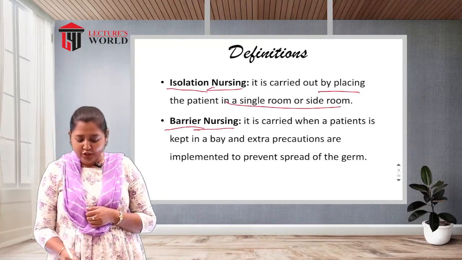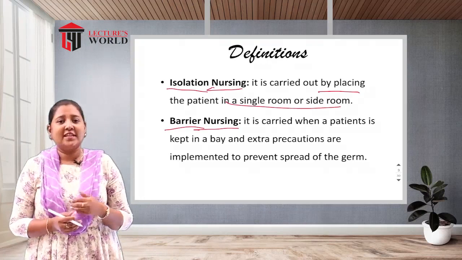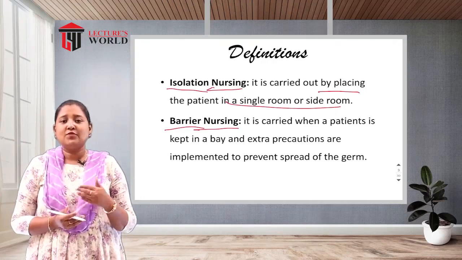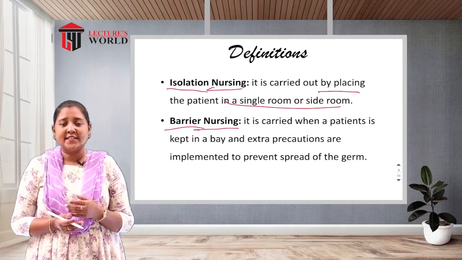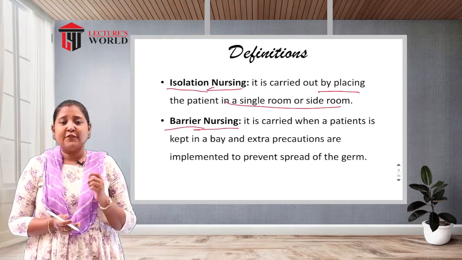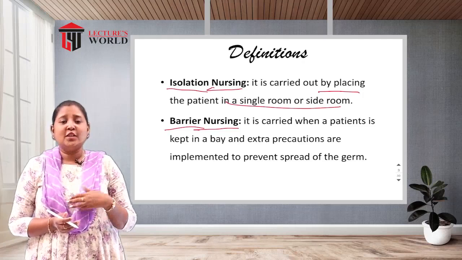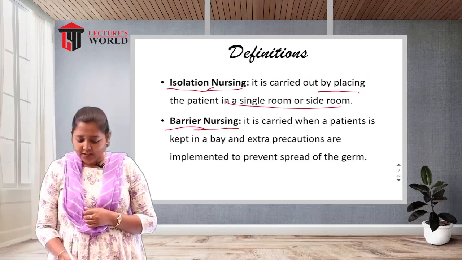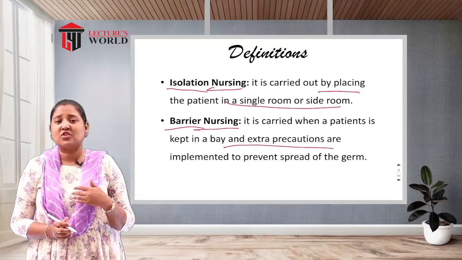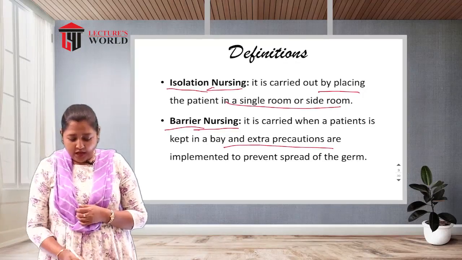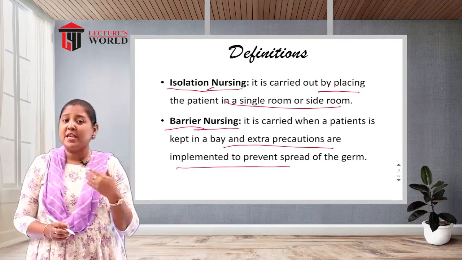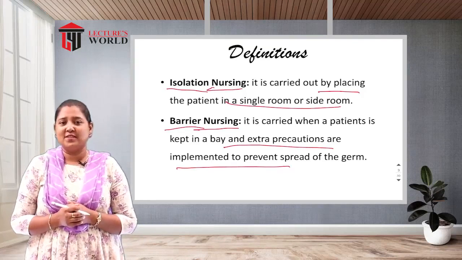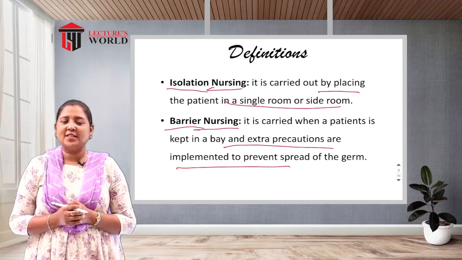Next I wanted to tell you about barrier nursing. As I told you in the introduction, barrier nursing involves techniques that are very strictly followed by nurses to prevent the spread of infection from one person to another. We take extra precautions to prevent the spread of germs from one person to another, and we call this barrier nursing.